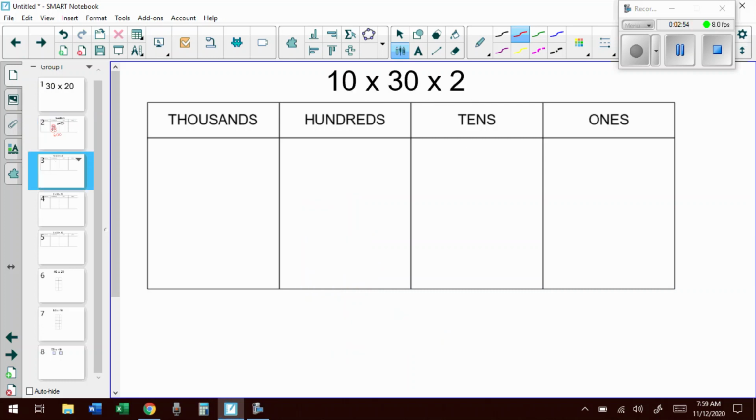The next way, you could break it up into 10 times 30 times 2. So in this, we're going to start out with 3 10s for 30, 10, 20, 30. We're going to take that group of 10s and multiply it by 10. That'll give us 300.